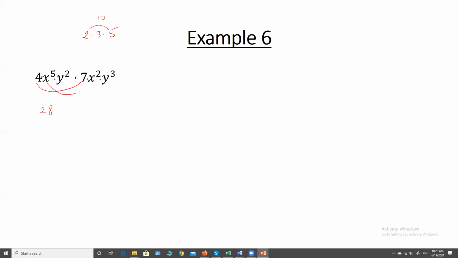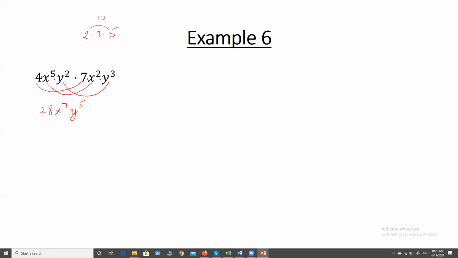You could multiply the x's, which means you keep the base, add the exponent. 5 plus 2 is 7. And the same thing with the y's. Y squared times y cubed is y to the 5th. Just keep the base of y, add the exponents.